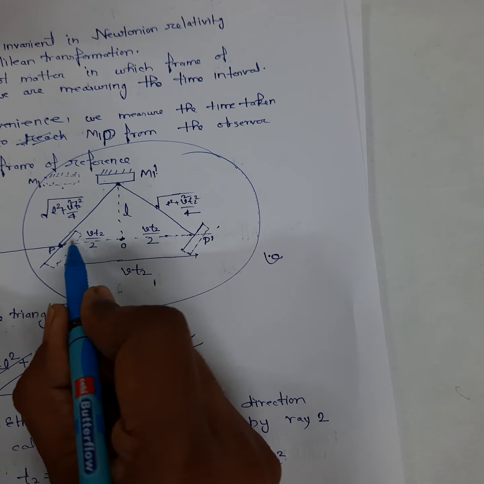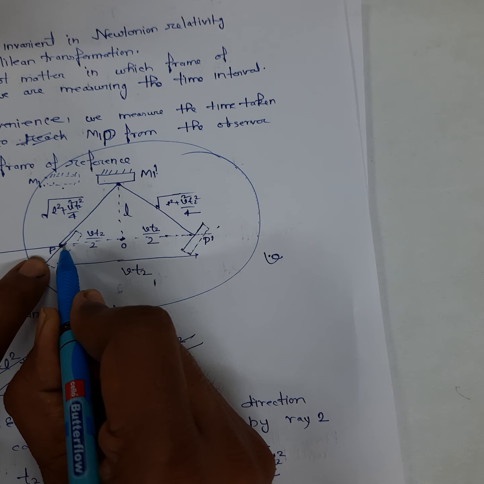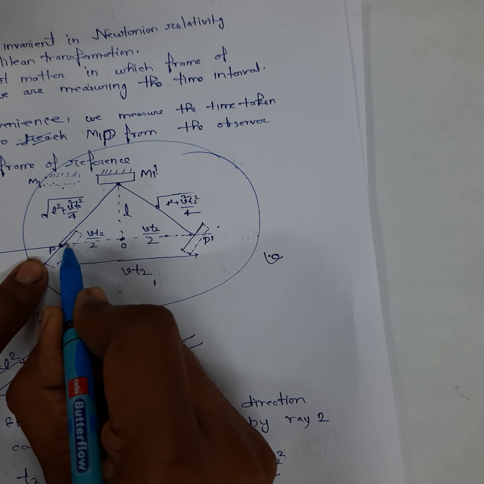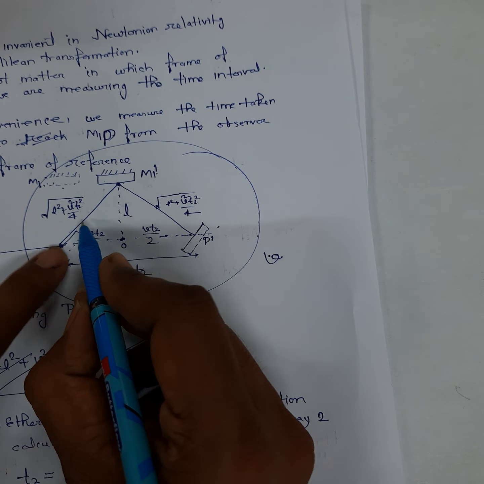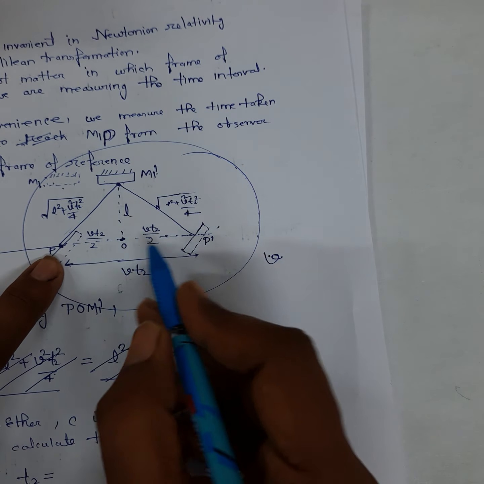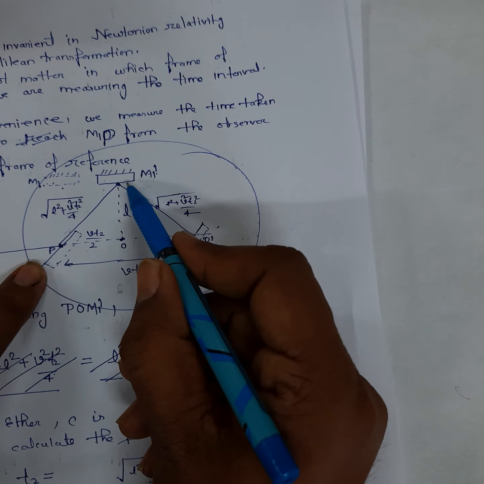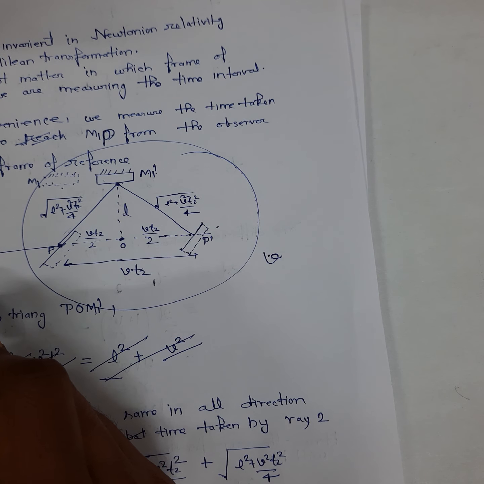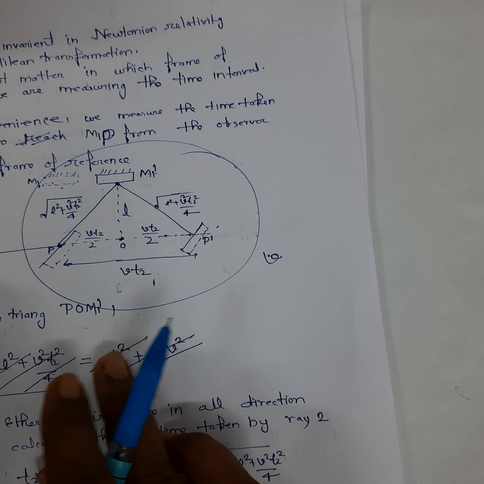So the beam, after it strikes the beam splitter, reaches mirror M1 through this path. This was observed with respect to the observer of the ether frame of reference.